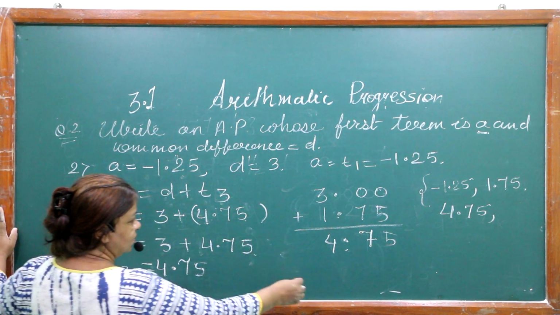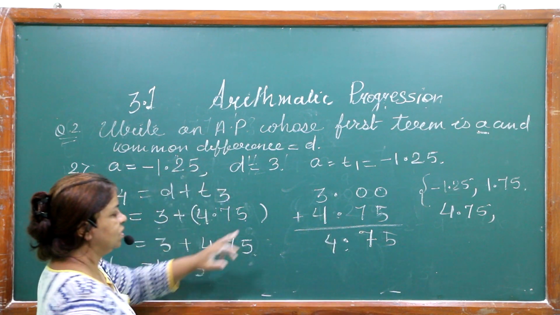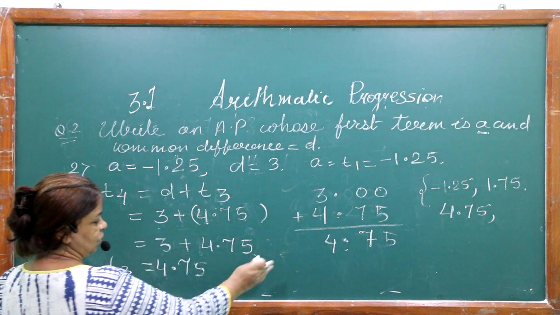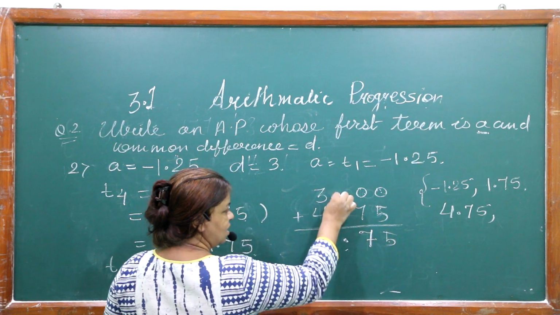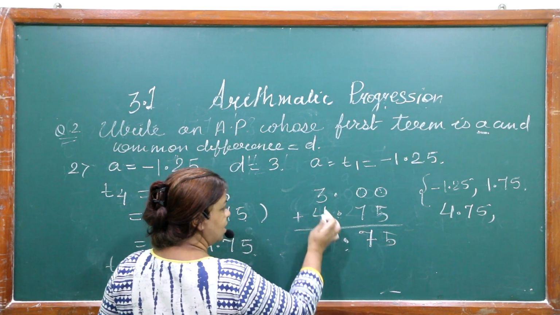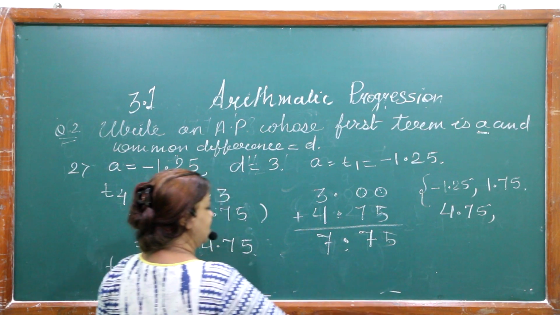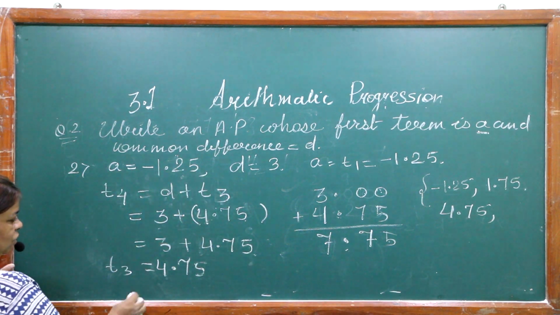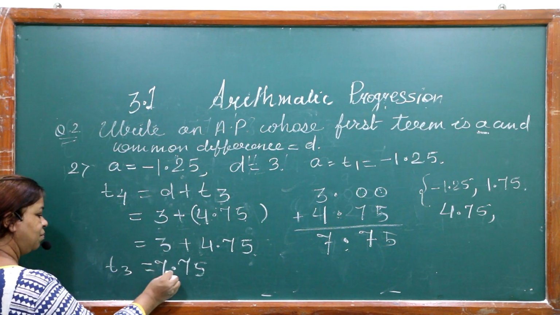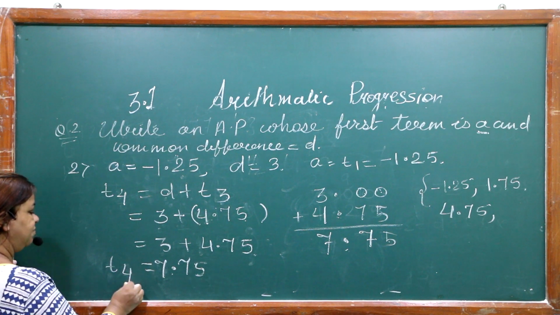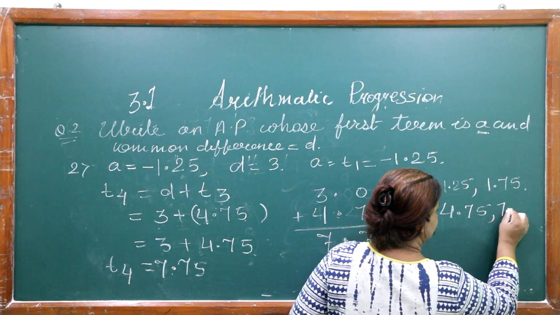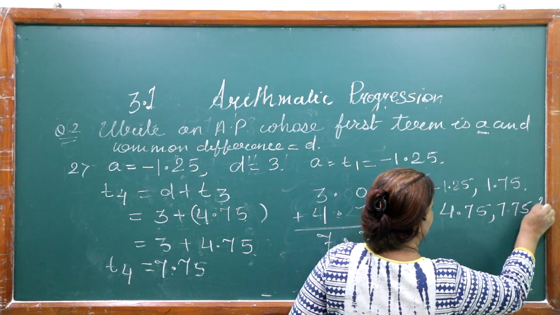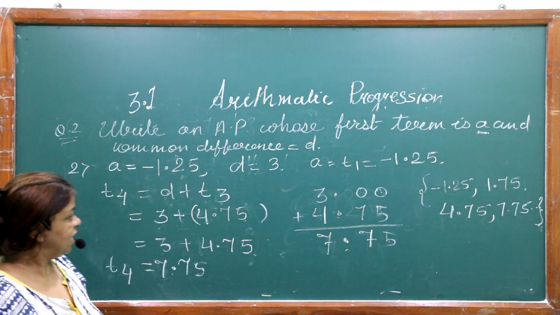Now let me add here 3 plus 4.75. So 0 plus 5 is 5, 0 plus 7 is 7, below point will come point, 3 plus 4 is 7, 7.75. So the answer will be 7.75. My term 4 is 7.75. So on.